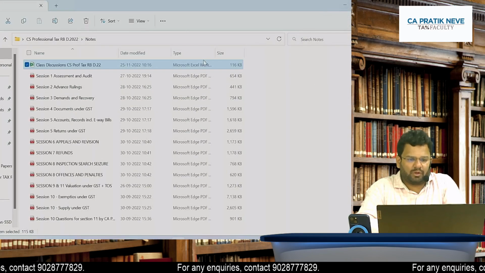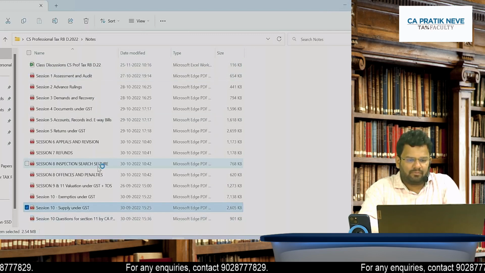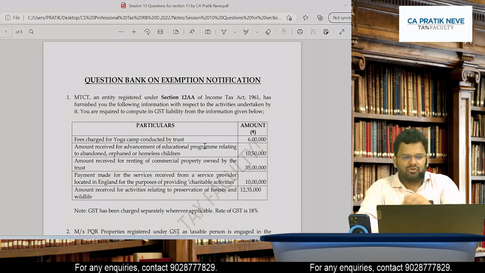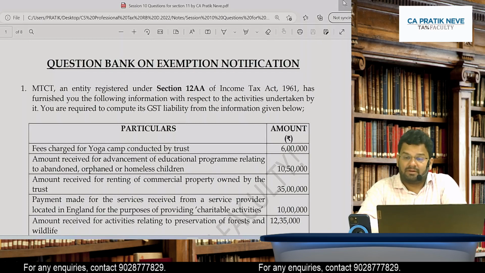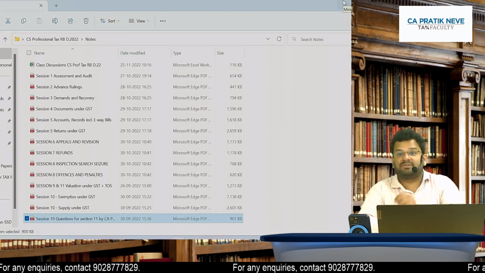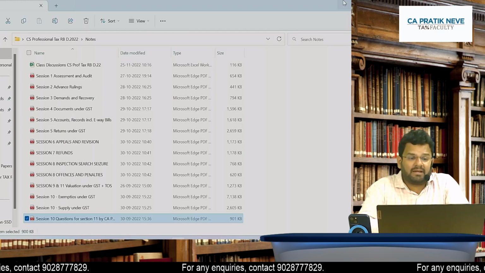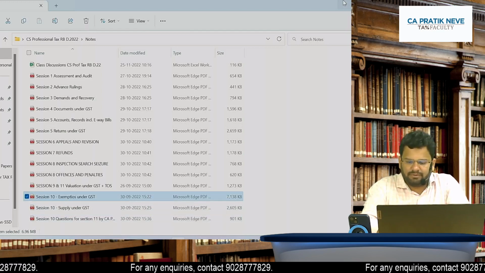Open the question bank which I have given you. First we will discuss charitable trust services, services which are given by charitable trusts. We are discussing that. Are you all with me?